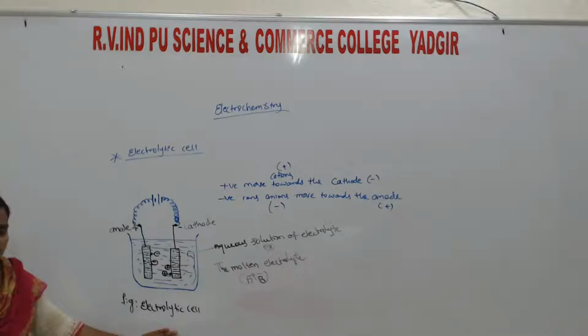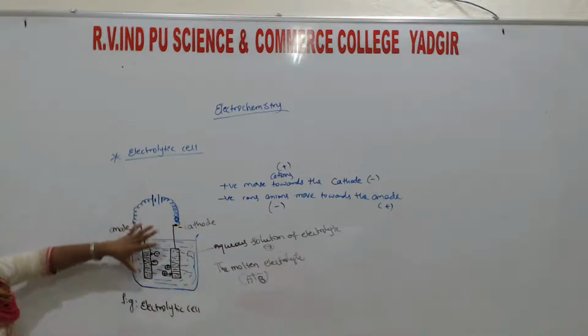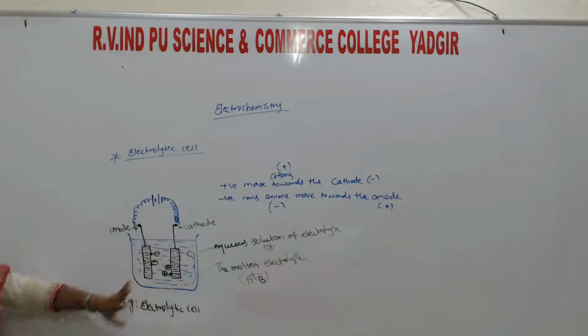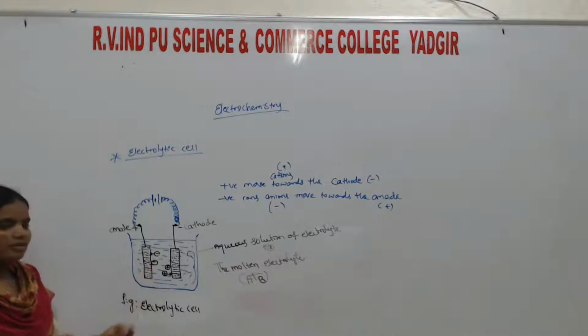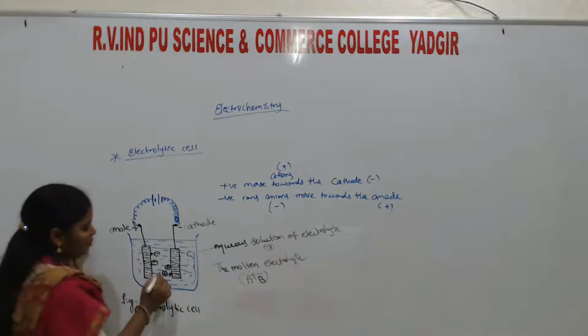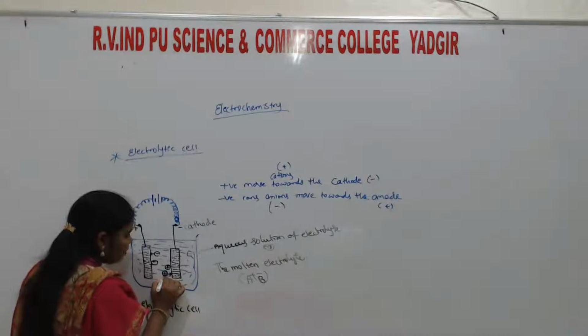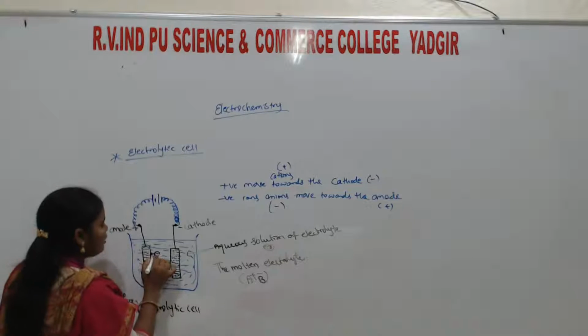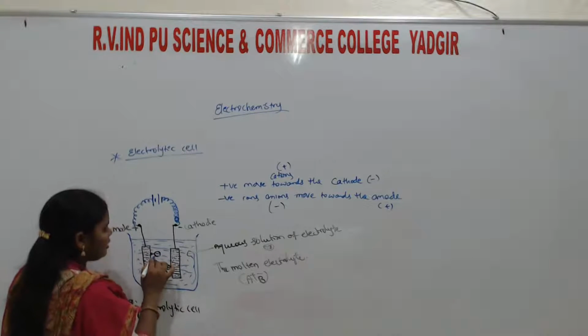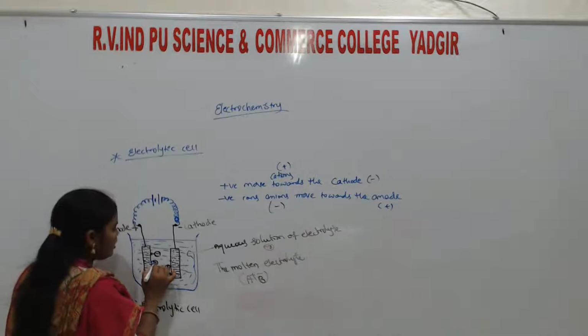Positive ions move towards the cathode and negative anions move towards the anode.